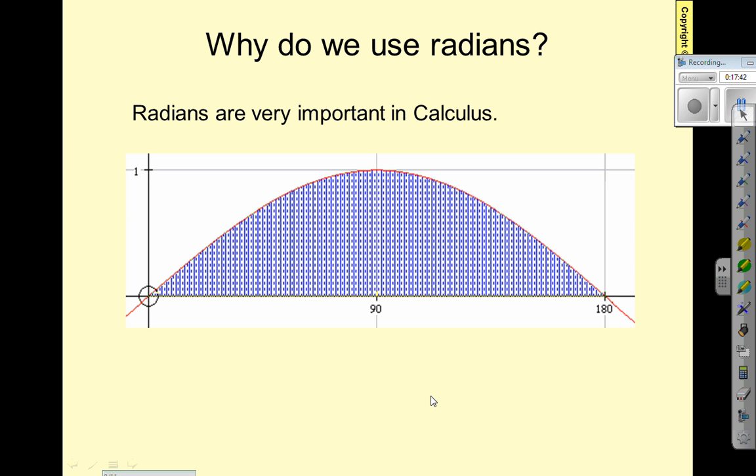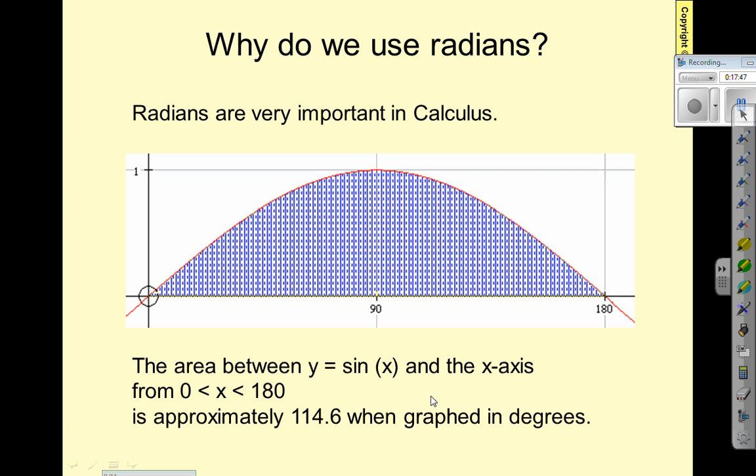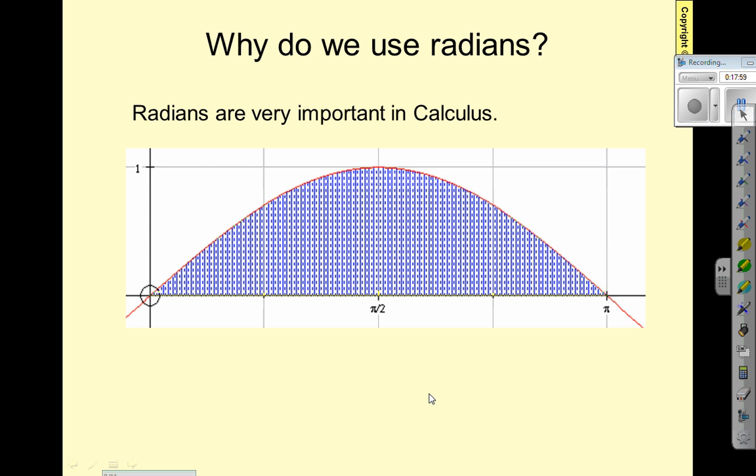And it's got an area, right? There's just some area underneath the curve. And it turns out that finding areas under curves is something that calculus is quite good at. And the area of that is about 114.6 square units. Okay, super. Now suppose we look at the same picture in radian mode. It's the same picture.